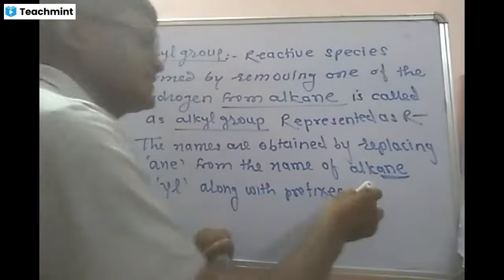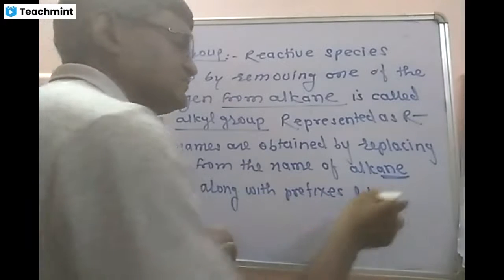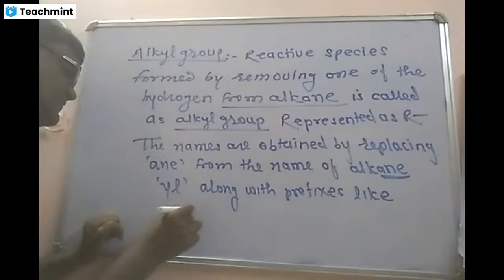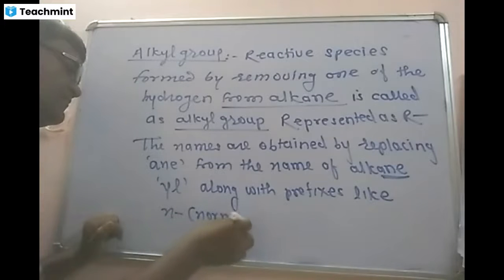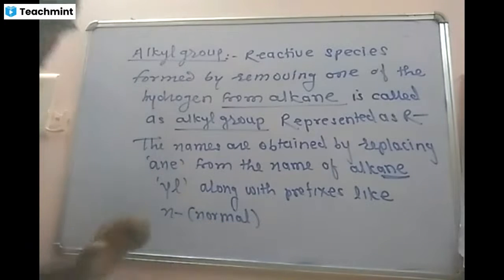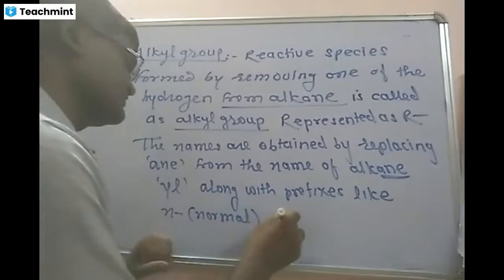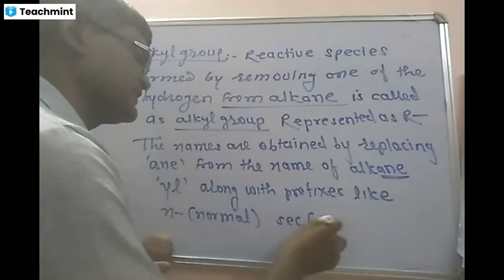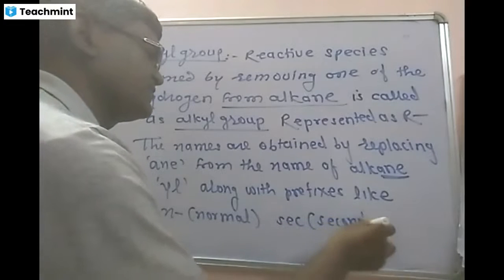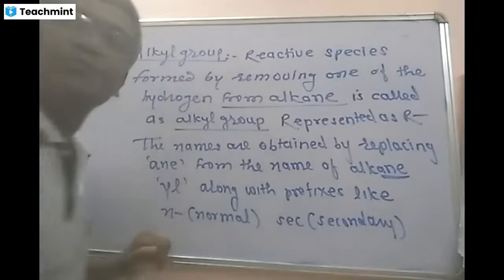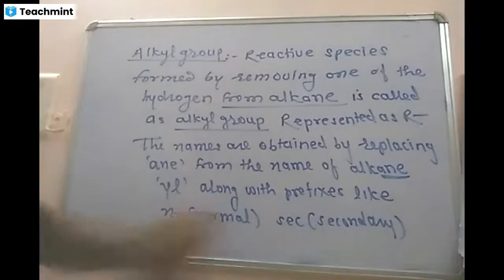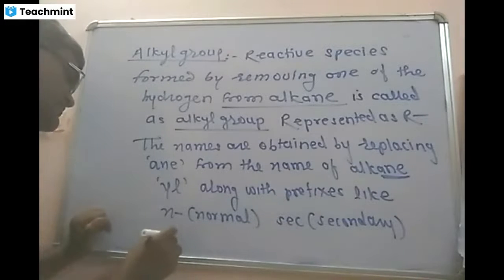Along with the prefixes like नॉर्मल. तो 3 कार्बन या 3 से आगे जब जाएंगे आप तो वहां पे नॉर्मल ये प्रीफिक्स लगाना पड़ेगा. Then you can use secondary, if you are removing hydrogen from secondary carbon, then that will be secondary. You can use iso.